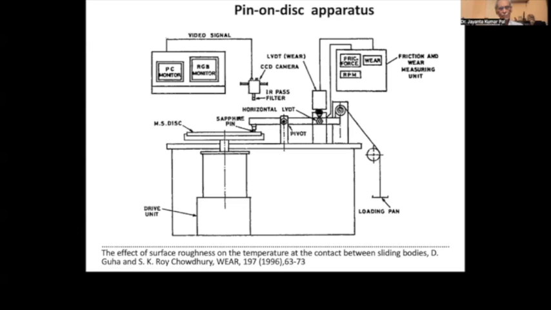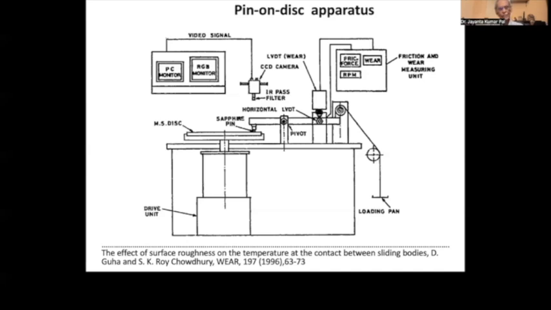So remember that if we want to measure the contact temperature, our pin has to be sapphire. But then the question arises: if the pin is sapphire, how do we measure the contact temperature between other types of material? Actually, there are methods of doing it by comparing the material parameters of sapphire and other metals.